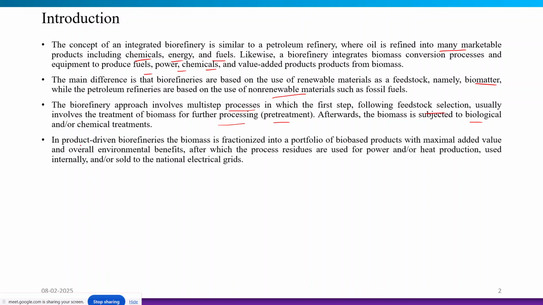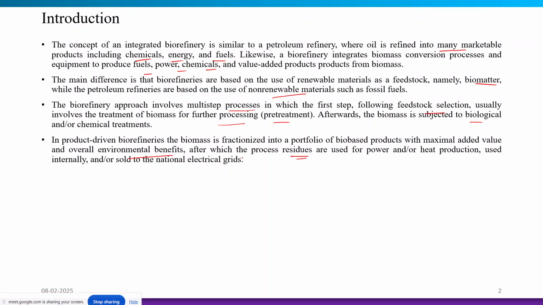When we are talking about the product driven biorefinery, the biomass will be fractionated into a portfolio of bio-based products with maximum value-added valuable chemicals, and overall there will be environmental benefits. After that, the process residue will be considered for heat production or power production, which will be used internally or sold to the national electric grids.